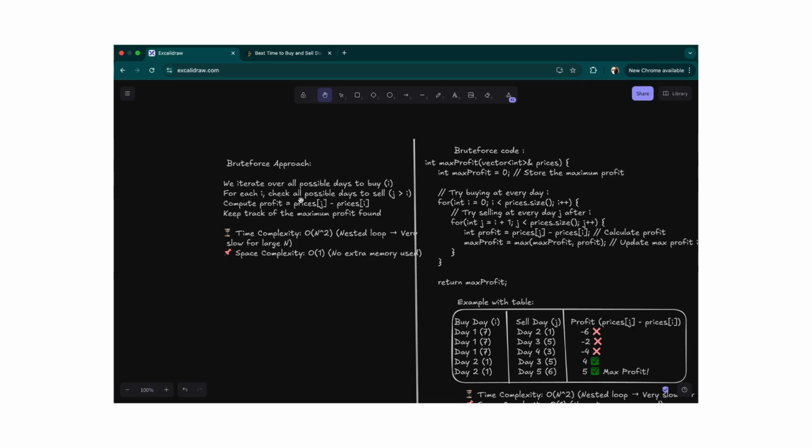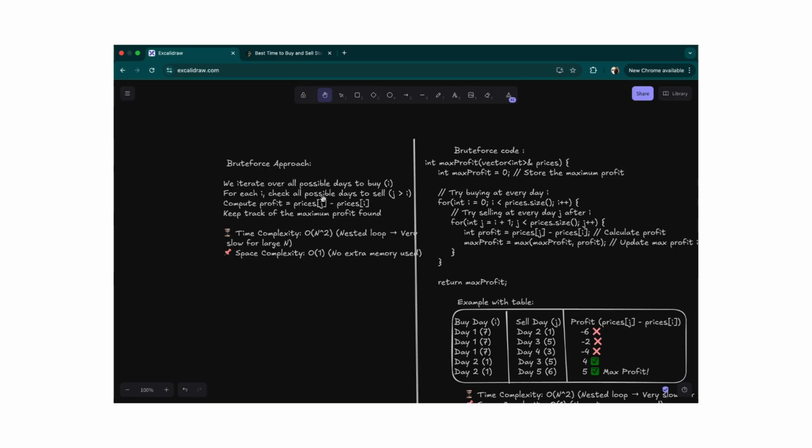Alright, so basically we will iterate over all possible days to buy, i. Okay, in the price array we have to iterate over all possible days to buy i. For each i, we have to check all possible days to sell, and the condition should be that j should be greater than i, because we have to return the profit.